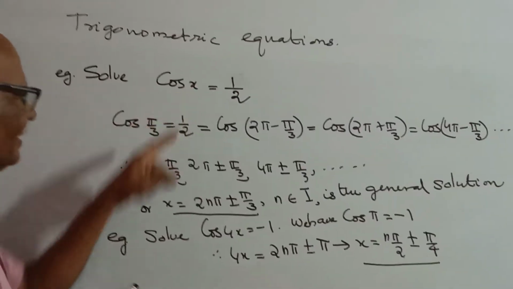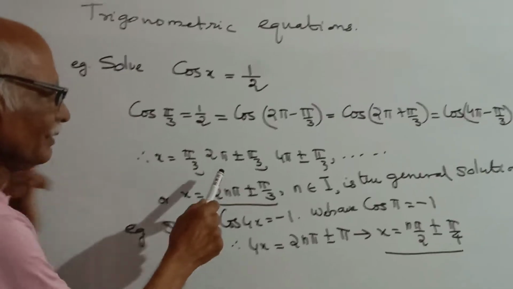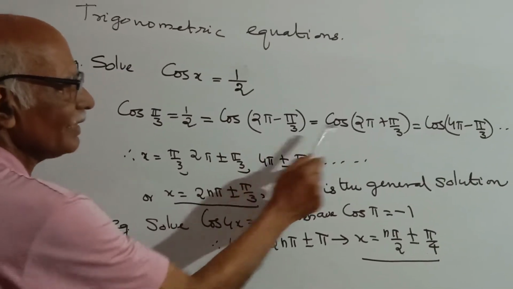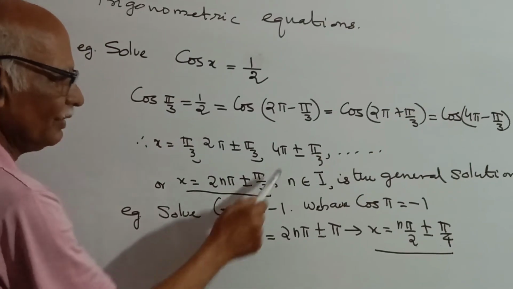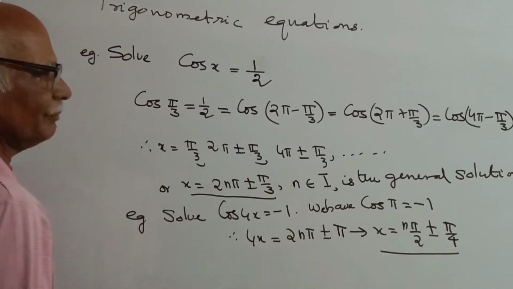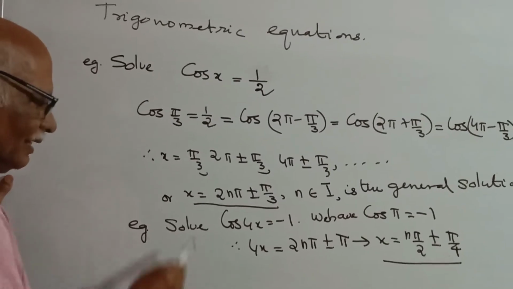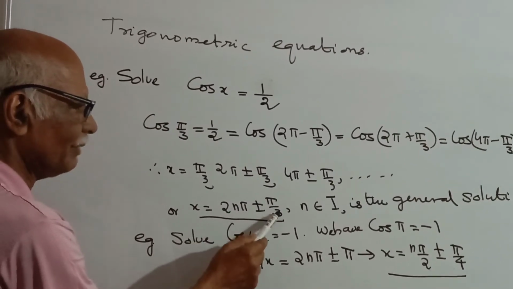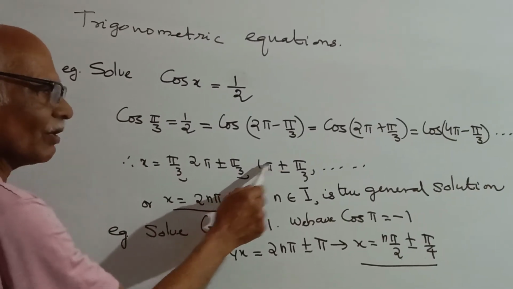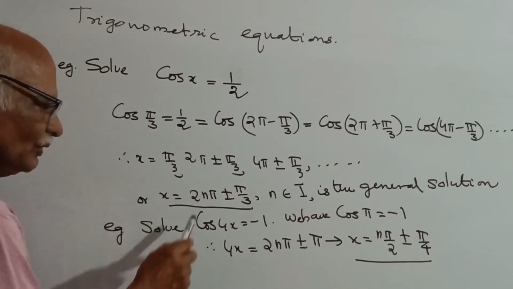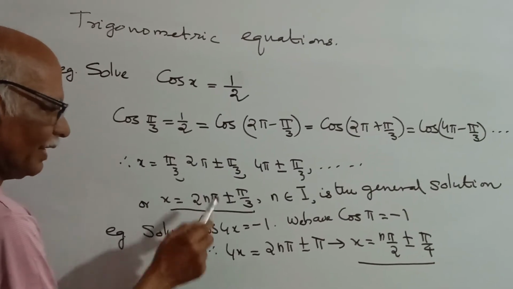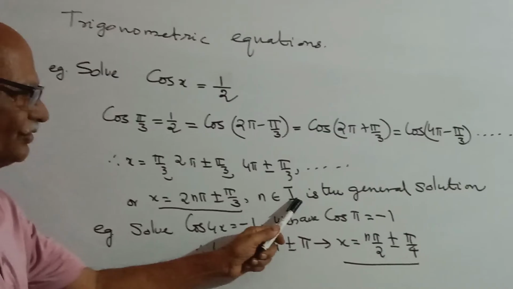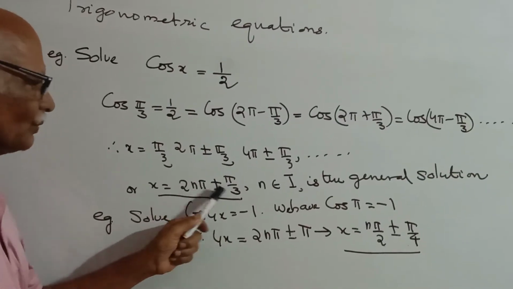So x can take either pi by 3 or 2 pi plus or minus pi by 3, 4 pi plus or minus pi by 3 and so on. So in general, x is equal to 2n pi plus or minus pi by 3, because 2 pi, 4 pi etc. are even numbers. So here we take 2n pi plus or minus pi by 3. n belongs to the integers. It is the general solution.